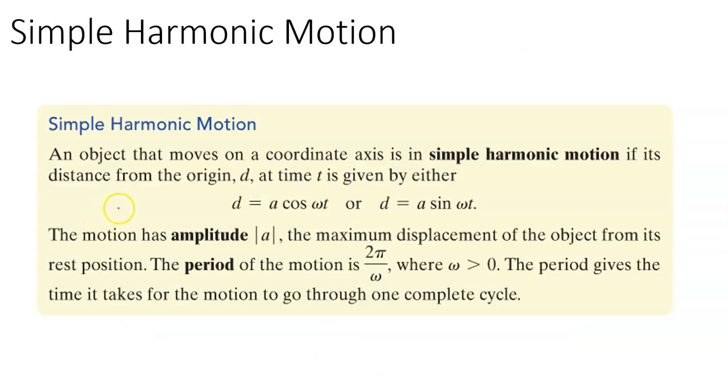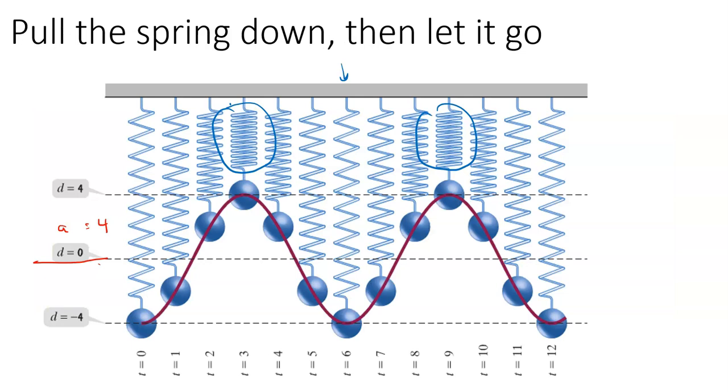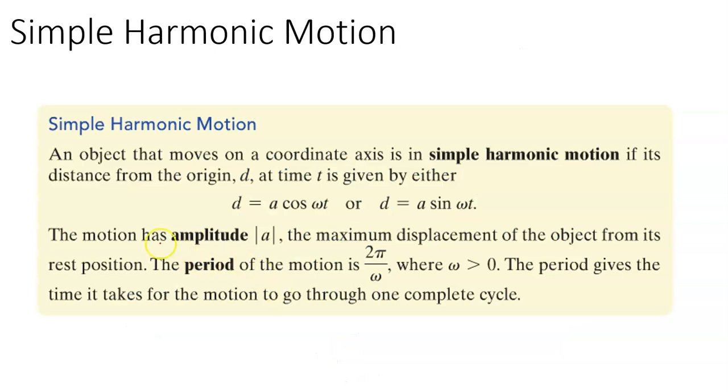Then it says that the period is 2 pi over w, where the period gives the time it takes for the motion to go through one complete cycle. So how long does it take to go through one complete cycle? Well, it looks like it takes 6 seconds, right? It starts on the bottom at 0, goes up here at 3, comes back down here at 6. So in our case, it looks like the amplitude is 4, and then the period is 6.